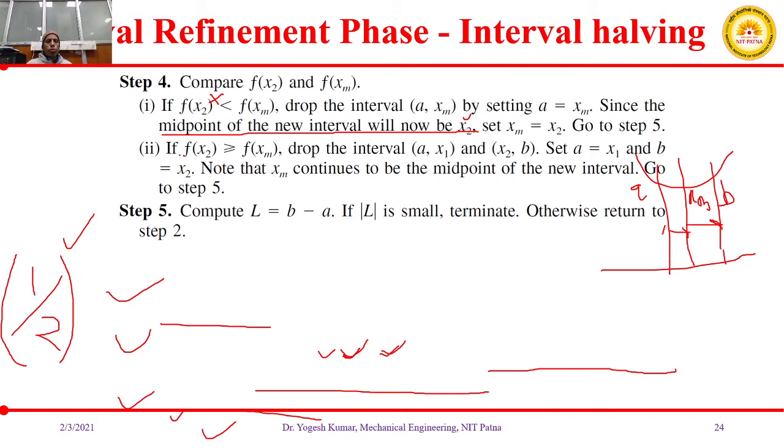So we have to drop two intervals, one which is on the left side of x1, and another which is on the right side of x2. We will drop these, and now your search interval will be between x1 and x2, and the midpoint of these two will be your xm.